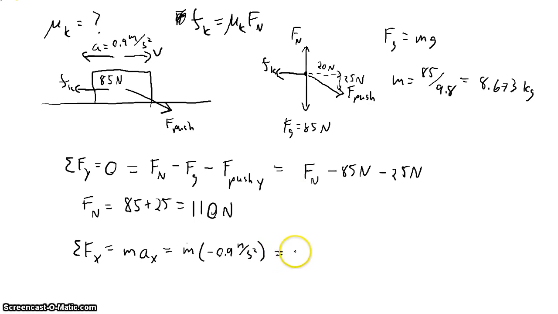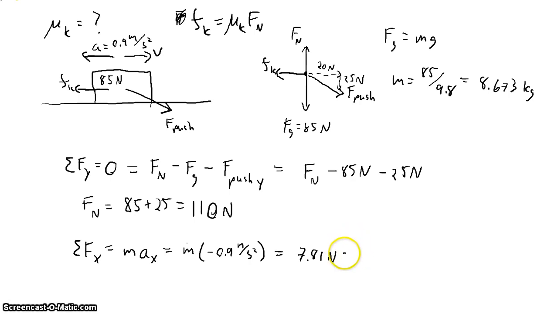So we plug that in here for m, and we get an answer of, let's see here, 7.81 newtons. So that is the net force that is occurring on the box in the horizontal direction.